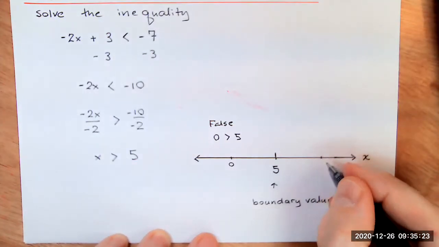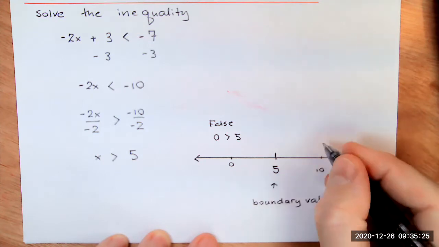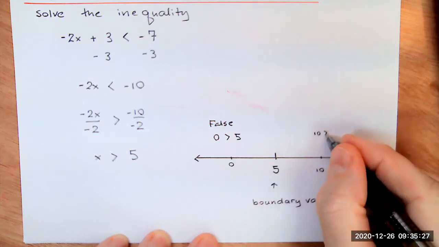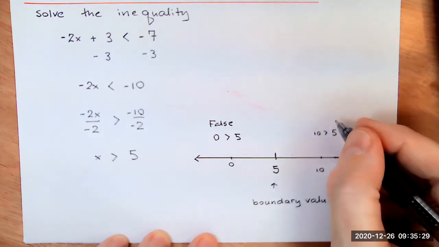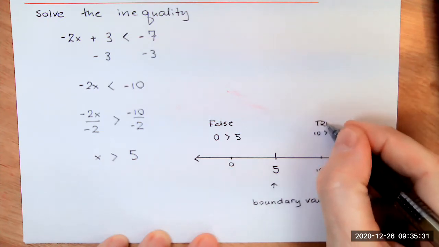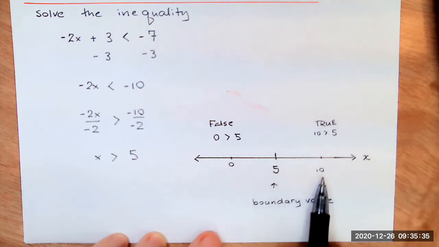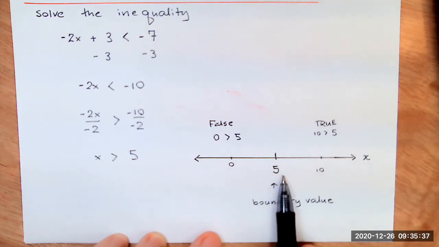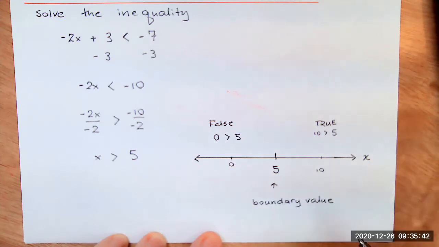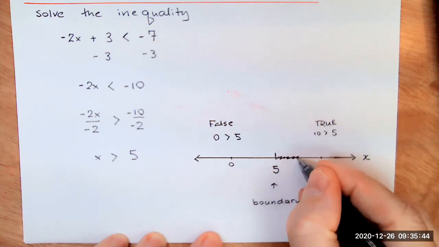And we can test another number over here. Is 10 greater than 5? That's true. So if any number on this side is true, then every number on this side is true. So we can shade that.